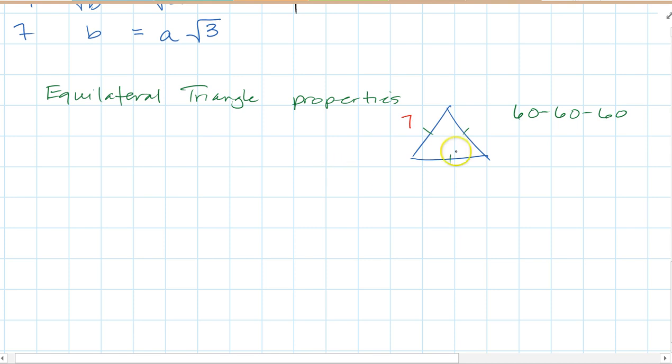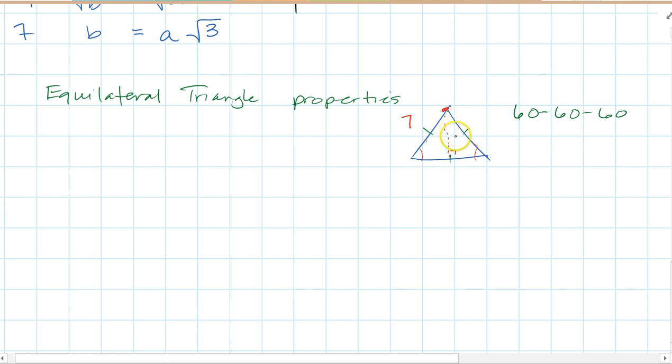Now, in order to find the area, you need this height, right? Now look what happened. When I created that height, I created the perpendicular bisector. The reason I know that is because if this angle is equal to this angle, this apex is actually the midpoint.